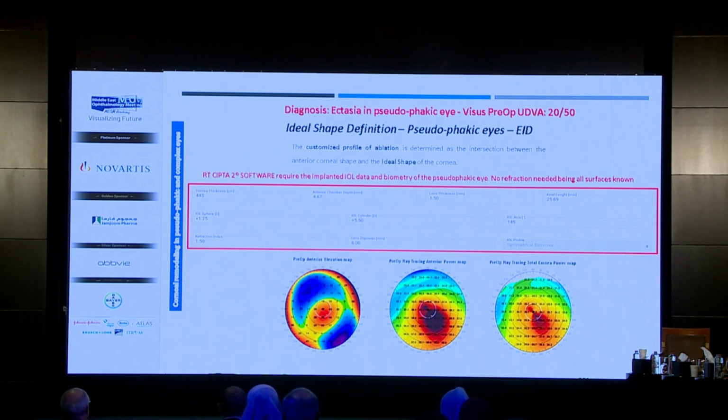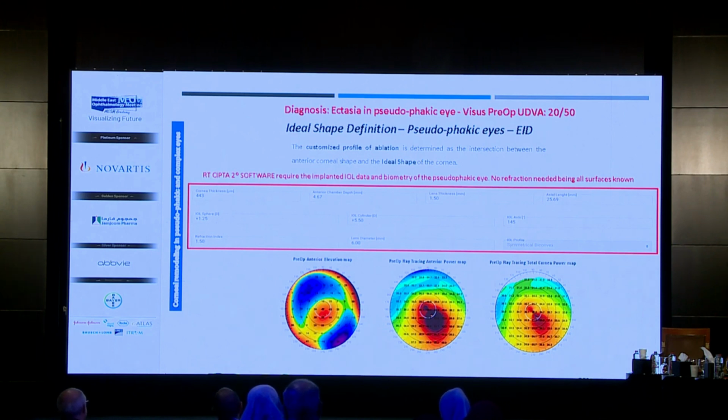We plan a customized profile of ablation determined as the intersection between the anterior corneal shape and the ideal shape, thanks to the Sipta 2 software that requires the power and the data of the implanted IOL, a new biometry of the pseudophakic eye, and we don't need the subjective refraction, all surfaces being known.